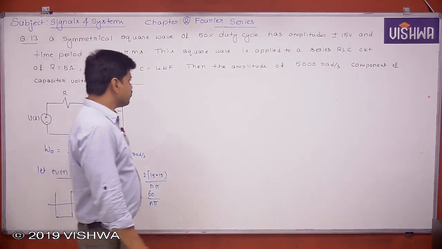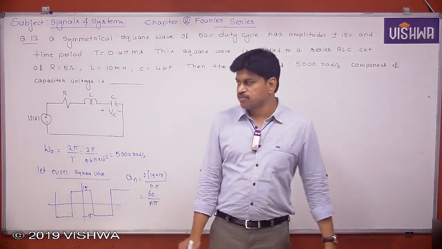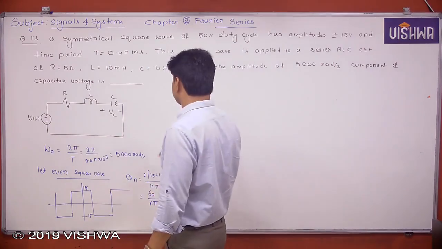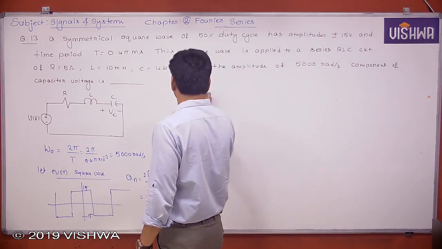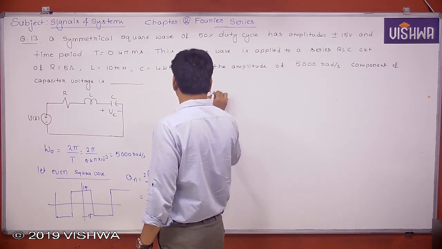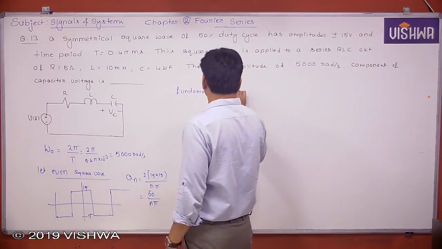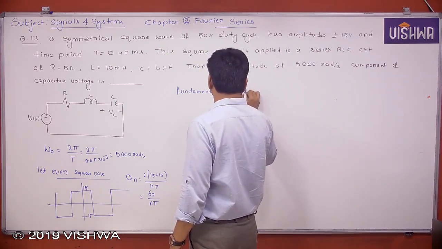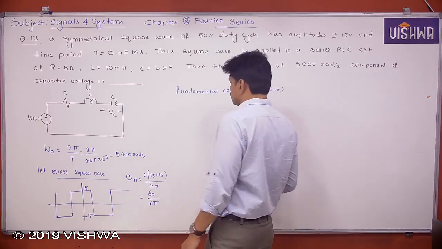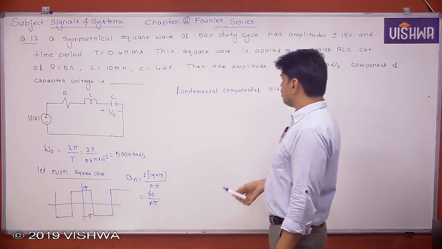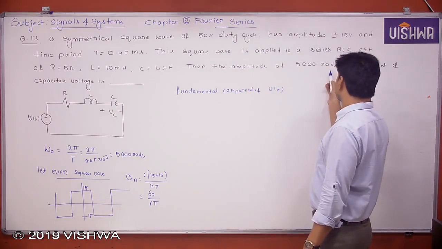Now what is the fundamental harmonic component of V of t? Why are we finding the fundamental component? Because they are asking for the 5000 radians per second component.